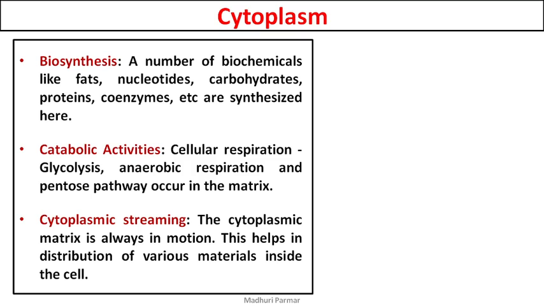Think of a cell. What if on one end you have glucose molecule and on the other hand you require it to go to, for example, let us say on the other hand you have mitochondria. So the glucose molecule has to travel from one end to the other end. How will it travel? So this becomes easier when there is cytoplasmic streaming.